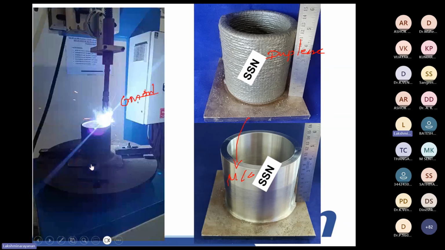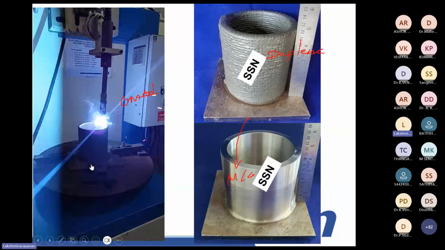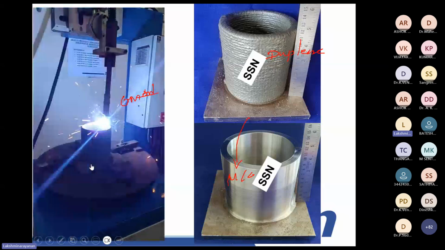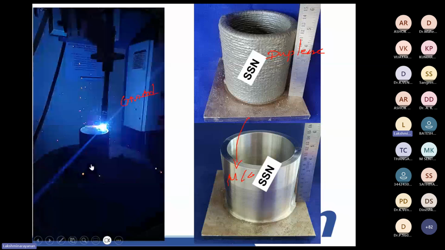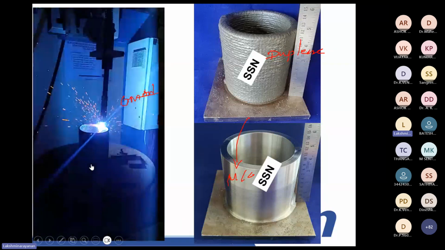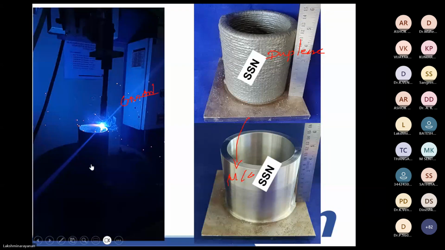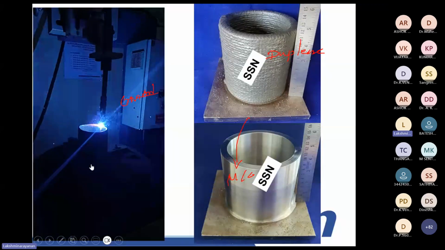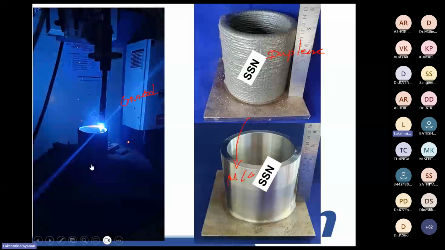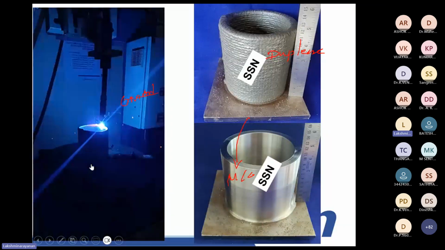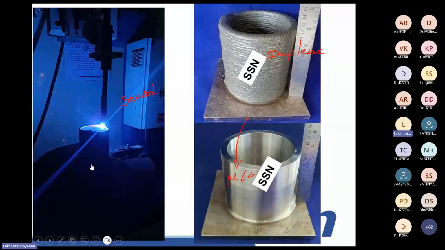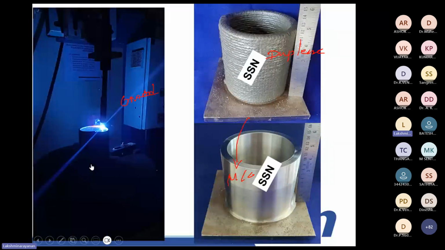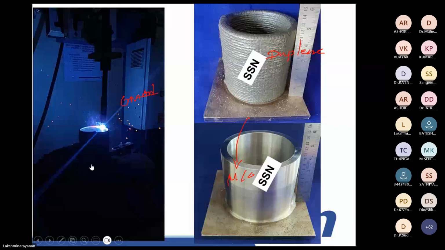Since the arc is created between the wire and the substrate, the previous layer, you can see the splatter coming out. This is a setup we fabricated. We have deposited different materials, starting from mild steel to different grades of stainless steel. Even nickel, aluminum, and bronze we deposited.